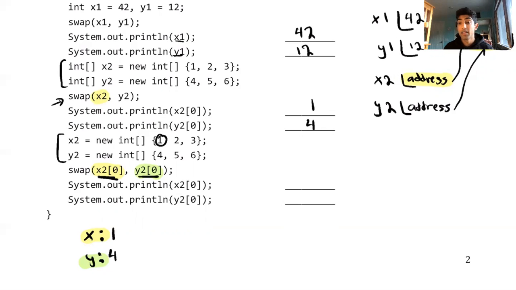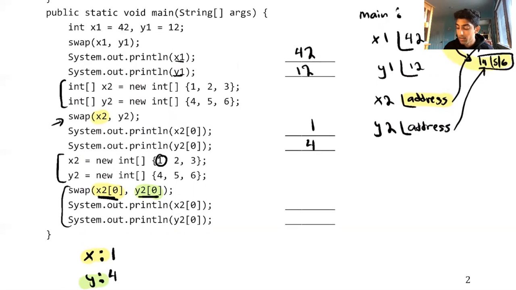Now we notice that this is going to execute exactly the same as the first part, because all we're doing is calling the swap method with two numbers. It doesn't matter that these numbers came from an array, because we're just passing these numbers to the swap method.